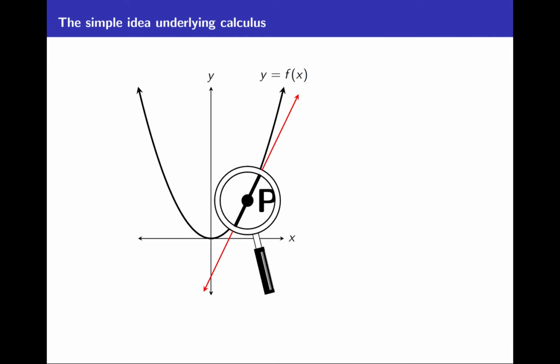Now, imagine you get a straight edge and you extend that red line as indicated. Now you take away the magnifying glass and you look at your point P, and up close, this y equals f of x curved nonlinear function is indistinguishable from this red linear function if you just look near P.